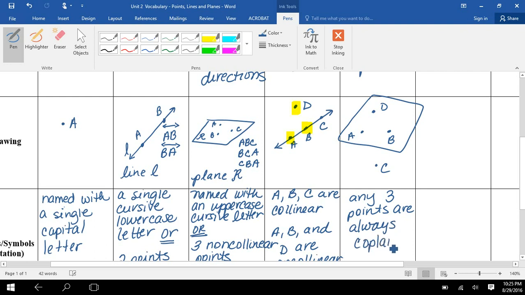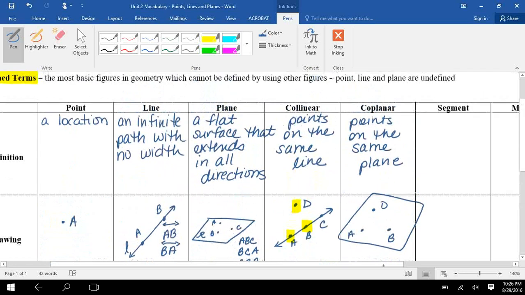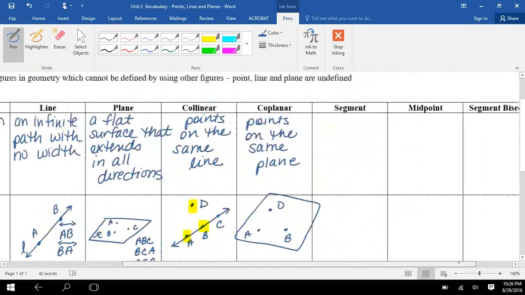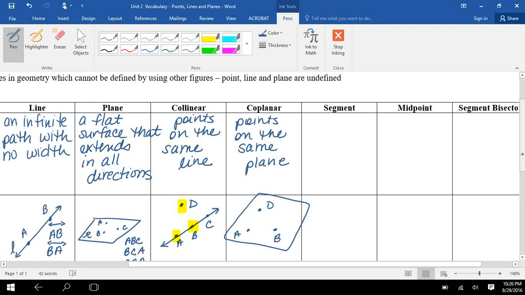And these are words that we're going to talk about a little bit more and use a little bit more, especially coplanar, when we start talking about 3D objects that actually are created with separate planes. So we're defining the word now, just so that when you see it come up in a little bit, you're not going to be totally shocked. But it's not going to come up for a little bit.